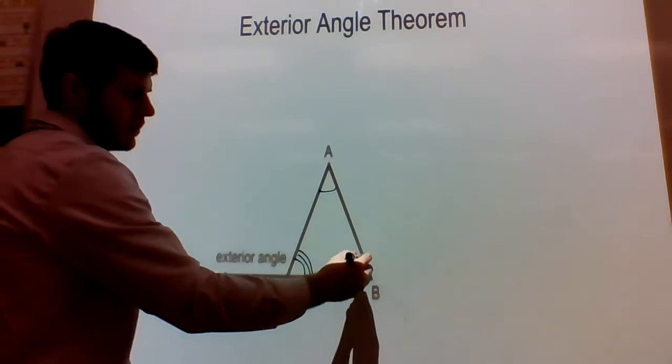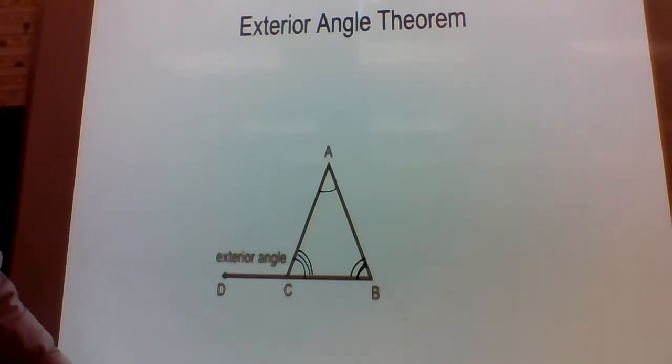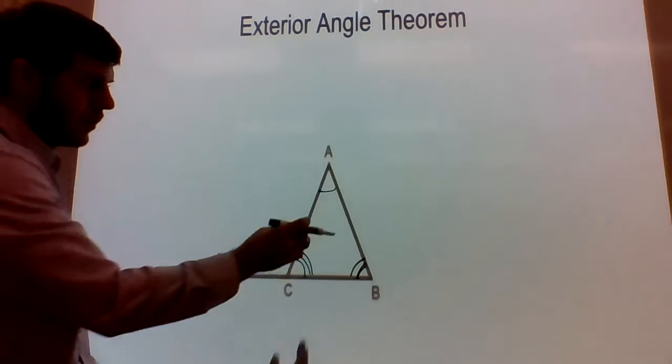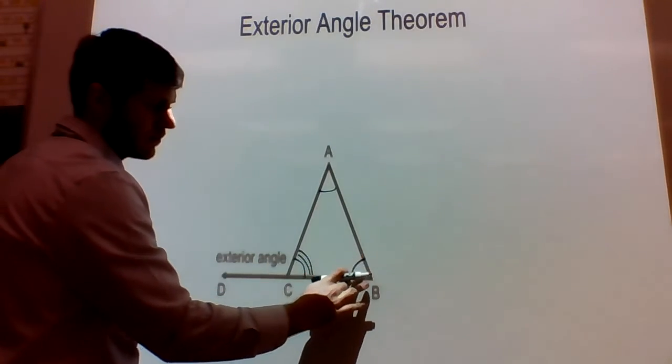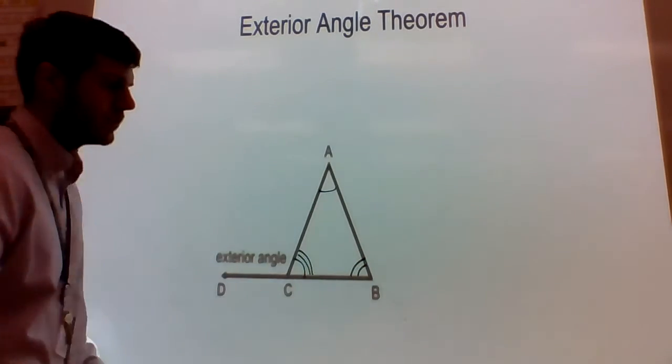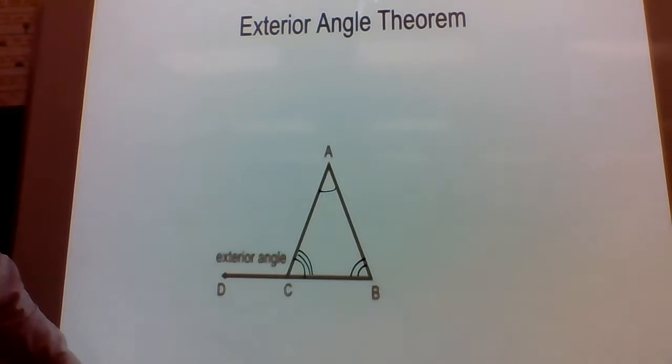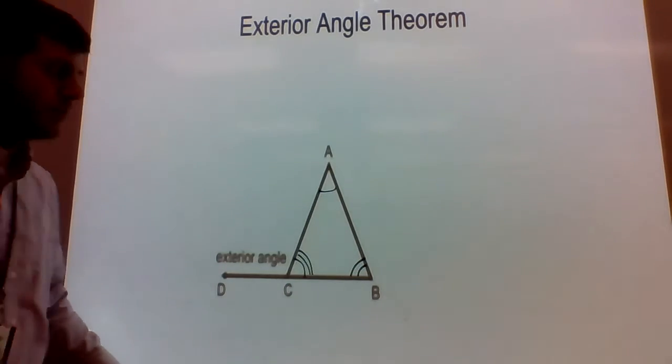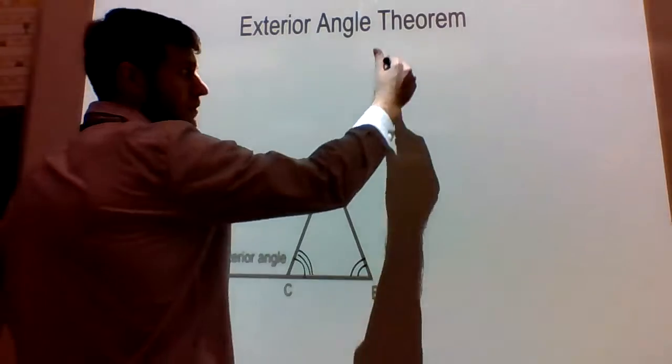We know that the measure of the three interior angles of the triangle are going to add up to 180 degrees. So here are our three interior angles. We know the measure of these angles by the triangle sum theorem.